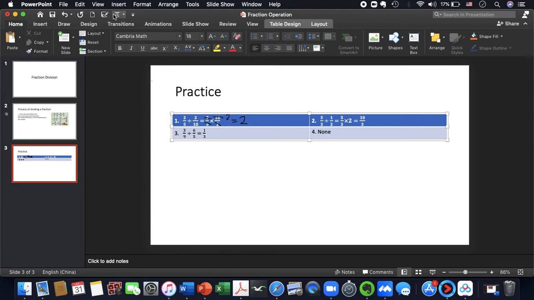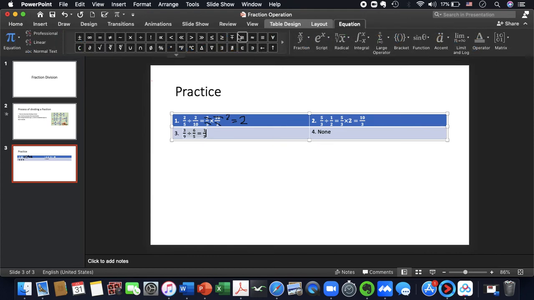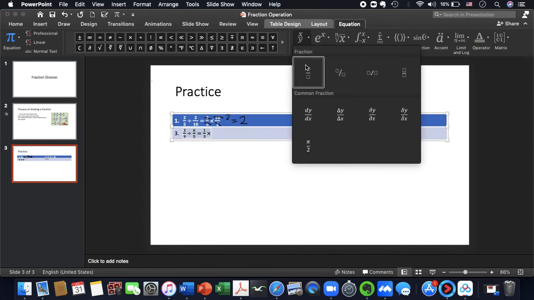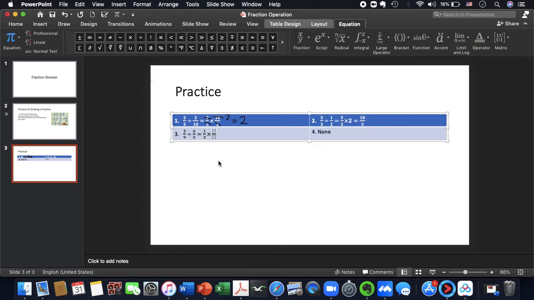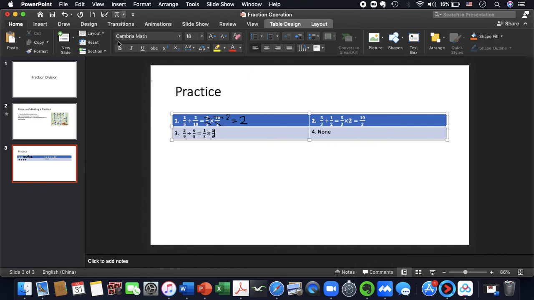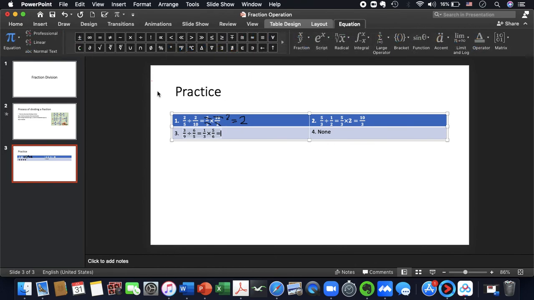And then it's equal to 1 over 3 times 5 over 6. Not 56, 5 over 6. And then this equals numerator times numerator, denominator times denominator. 5 over 18.